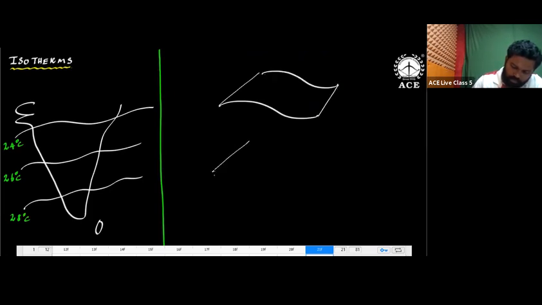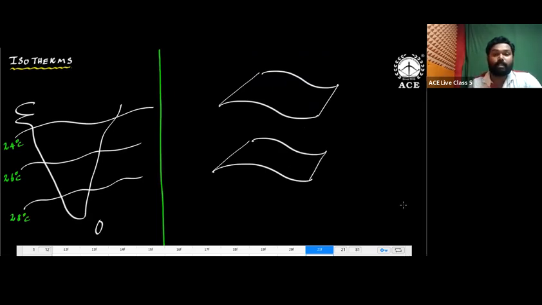What are these two surfaces? Equi-temperature surfaces, isotherms.